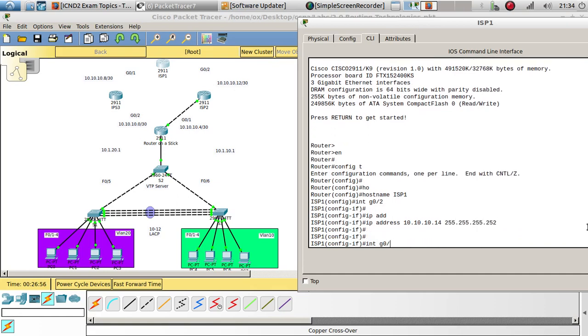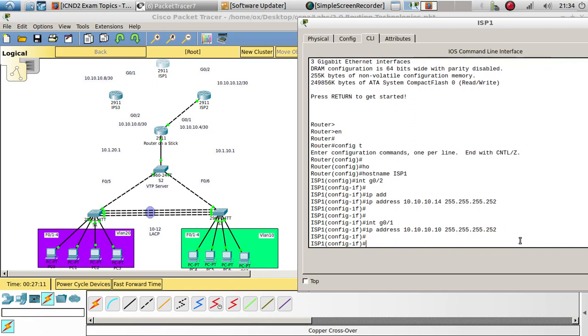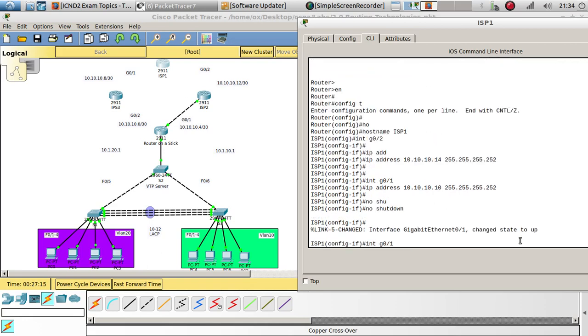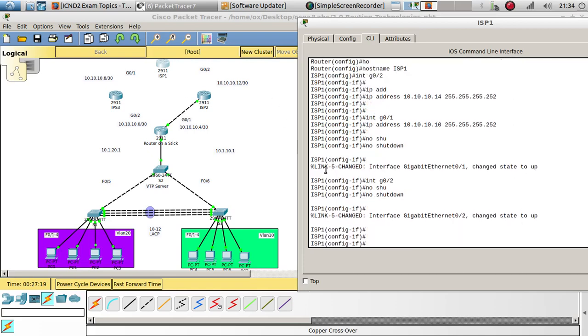Now let's also use this one over here, and for this side I'm actually going to use 10.10.10.10 because I'm going to use 10.10.10.9 on this side of ISP3. Okay, I did not do no shutdown on this one, so let's do it right now. And there it is, no shutdown.